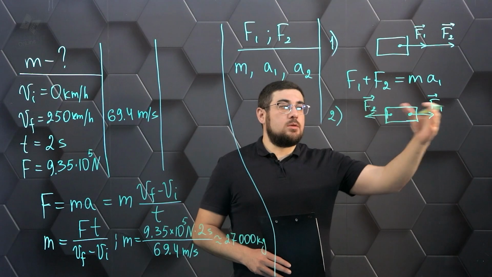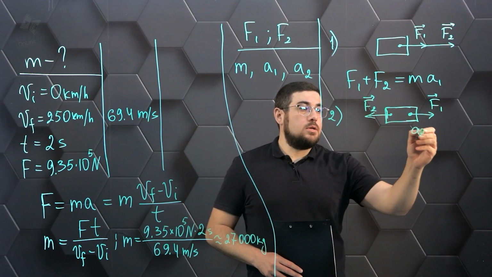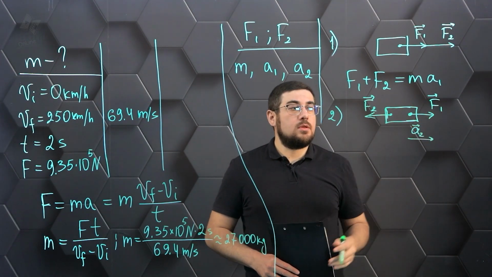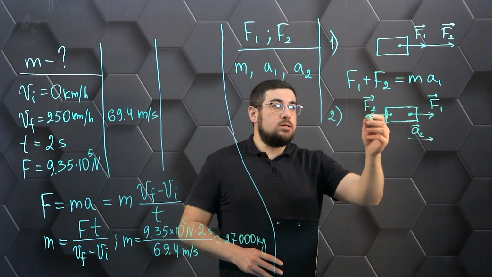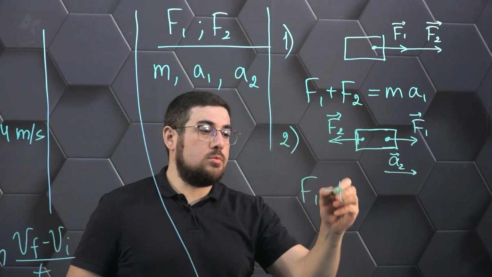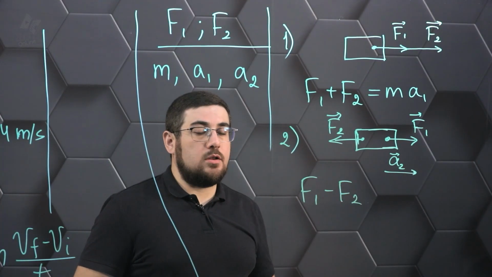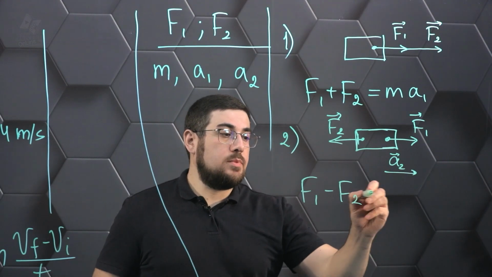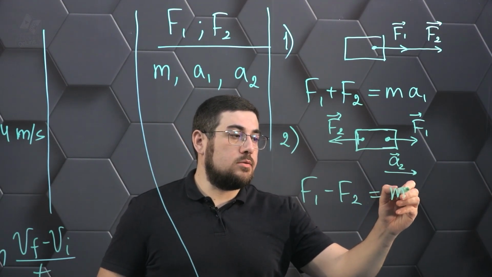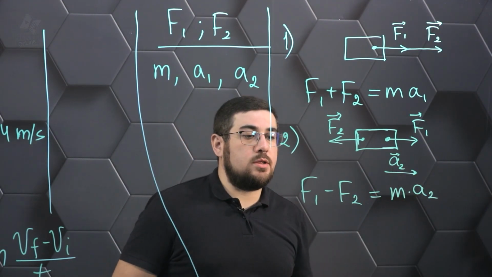But let's assume that the acceleration is to the right. That will be the acceleration a2. Then the difference between these forces, given that the force F2 is in the opposite direction, will be equal to the product of the mass of this body and the acceleration a2.